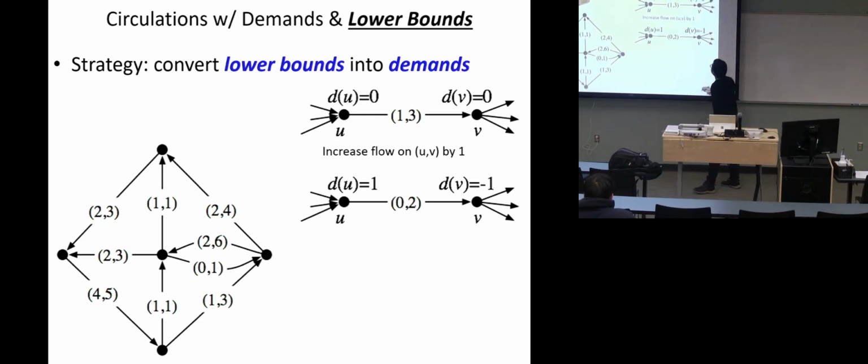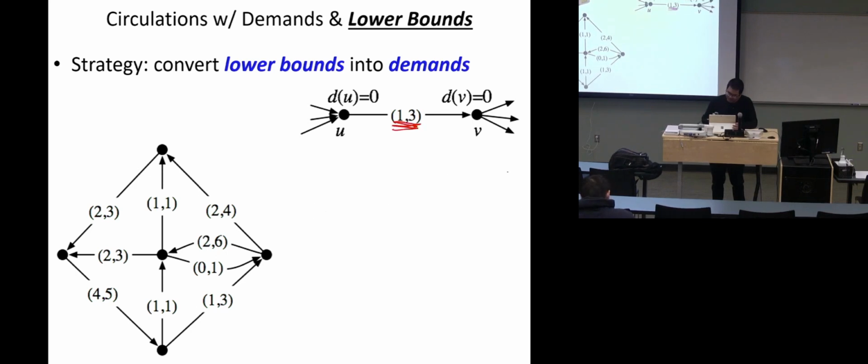The idea is actually quite simple. Before going to notation, I want to say that this node will need to send one flow for sure, and this node will need to receive one flow for sure.